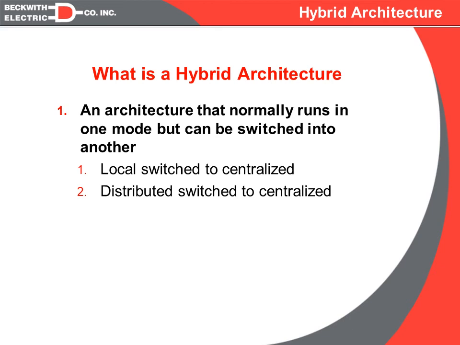So in a hybrid architecture, typically what we have is a central system that is not typically controlling but is always monitoring everything, and if it feels it can do a better job at any given time, it can overtake whatever the local monitoring function is and then seize control of the entire system.